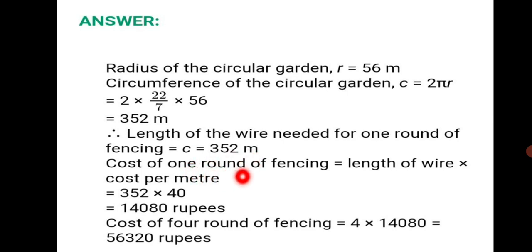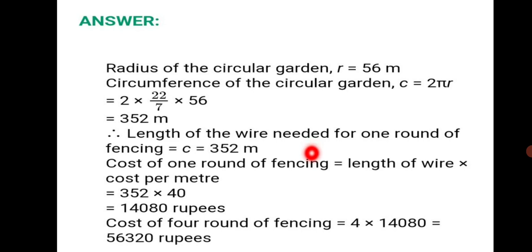So cost of one round of fencing will be equal to the length of wire into cost per meter. The cost per meter is given, 40 rupees. So we write 352 into 40 is equal to 14,080 rupees is the cost for one round of fencing.